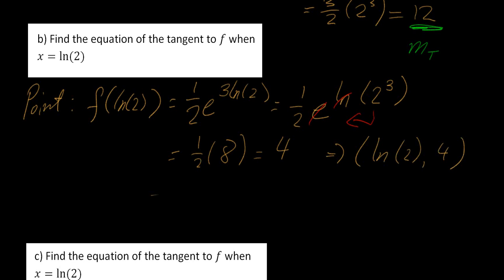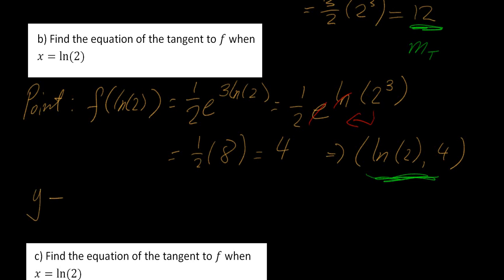Now what you can do from here is, now you've got two of the things that you need for a straight line, or the equation of the line. You've got your gradient of the tangent and the point which your line passes through. So from here, use either method. I'm going to use y minus y1.